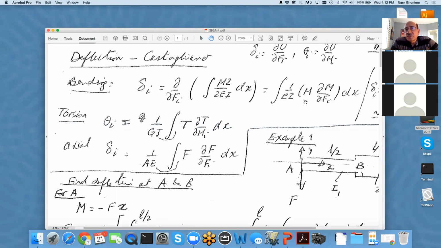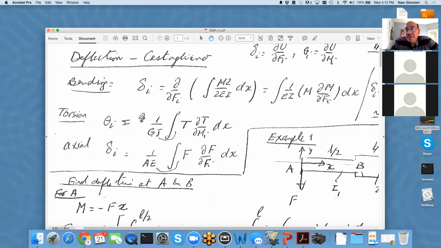I could also request that I'd like to get the rotation. So the rotation, for example, for torsion, will be 1 over GJ, and then I take the derivative with respect to the moment Mi at a given point, or to the torque at a given point. That goes for torsion, and I can also calculate a similar rotation for bending by taking the derivative not with respect to Fi, but with respect to Mi at a specific point.